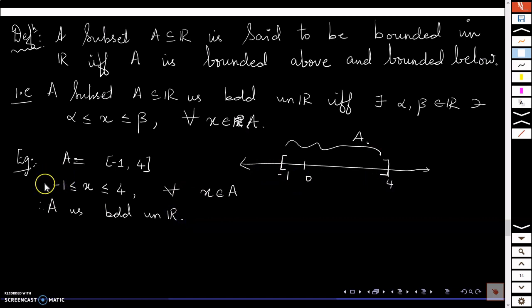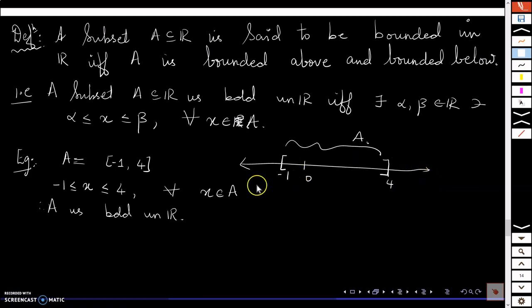Now what I'll do is analyze these upper bounds and lower bounds. If -1 is a lower bound, then anything less than -1 is also a lower bound. This is what we had discussed in our lectures before. And if 4 is an upper bound, then anything bigger than 4 is also an upper bound.